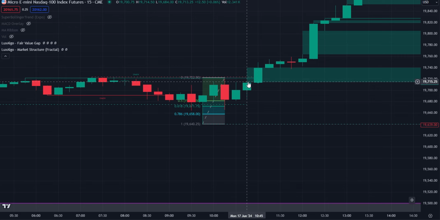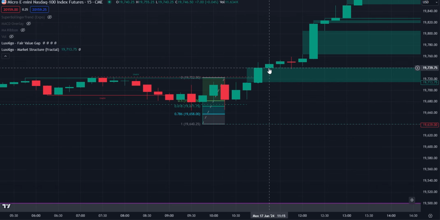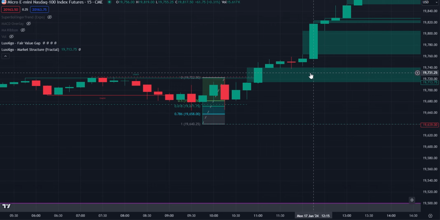So the way they measure them is you take the top wick of the bottom candle and the bottom wick of the top candle, and the area in between those becomes a fair value gap. In this case, since it's bullish, it's a bullish gap.